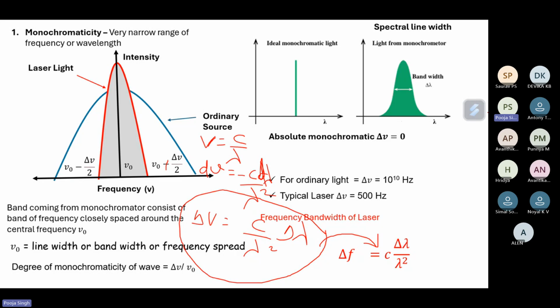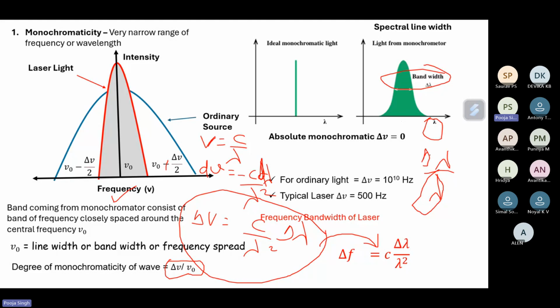Now another thing I wanted to convey is what will happen if it is given in the form of frequencies, right? If I am giving it to you in the form of wavelength, the spectral line width or bandwidth in wavelength, then what you will do is take delta lambda upon lambda, the wavelength of the initial incident radiation.